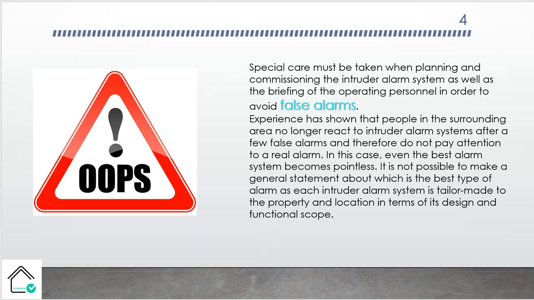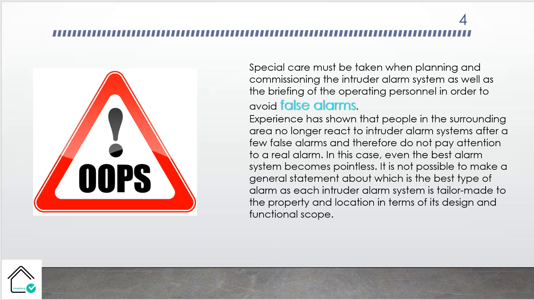So how would it happen? For example, you have a project and you put in a motion sensor. If this motion sensor detects the movement of animals and activates the alarm system, it's a false alarm because there is no thief or any human being in the building. Okay, so this is a false alarm.